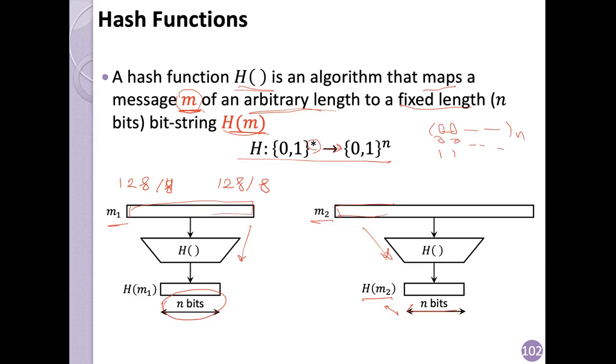This is a Cartesian product. When you multiply {0,1} by another set {0,1}, what you get is this: you get 00, 01, 10, and 11. These are all the pairs that we get after multiplying the set {0,1} by itself.